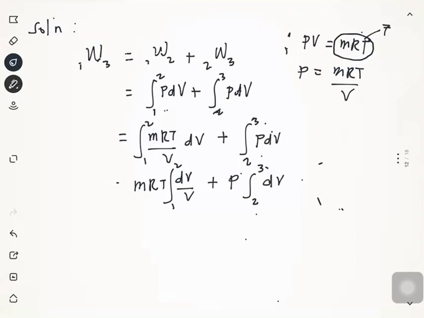Therefore we have mRT ln of V2 over V1 plus the pressure times V3 minus V2.